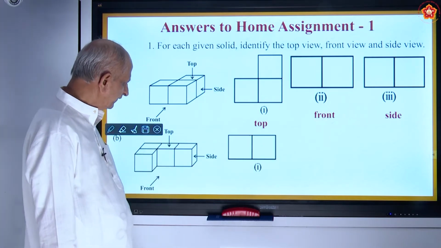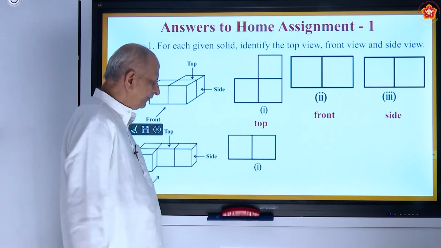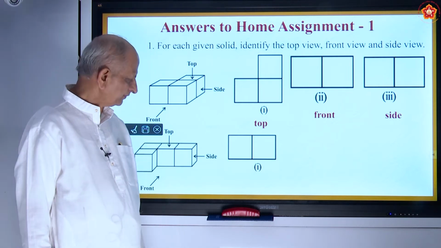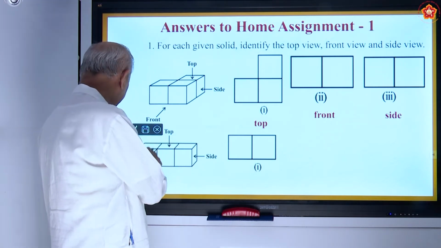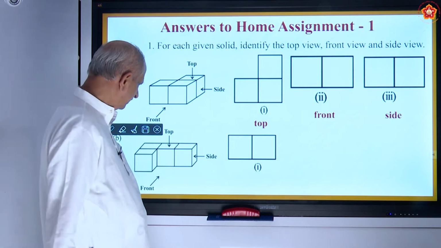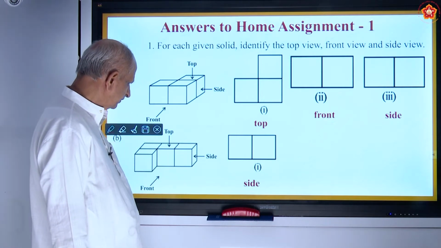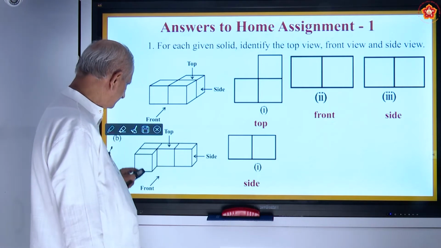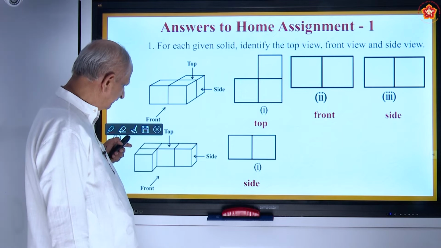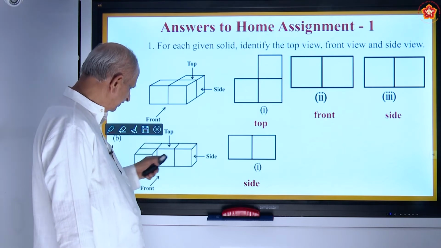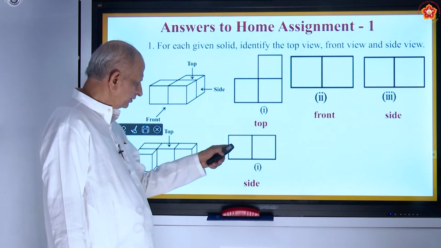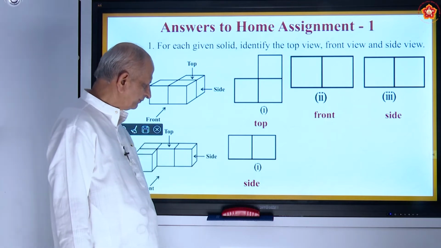So you have to identify. Come on, what is this? If you take this, 1, 2, 3, 4 cubes are there, correct? So the side view will be like this. If you observe from this side, this and this, they are 2 squares.